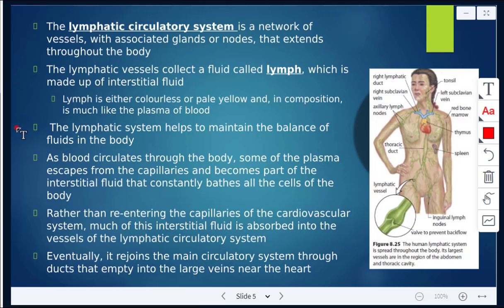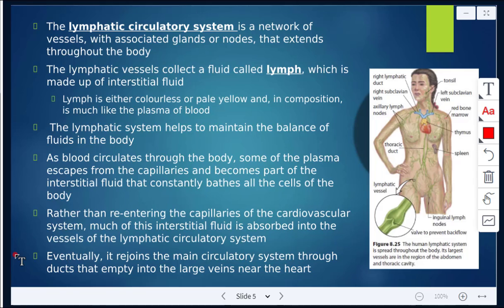This system helps to maintain the balance of fluids in the body. As blood circulates through the body, some of the plasma escapes from the capillaries and becomes part of the interstitial fluid that constantly bathes all the cells of the body. Therefore, rather than re-entering the capillaries of the cardiovascular system, much of that interstitial fluid gets absorbed by the vessels of the lymphatic circulatory system.